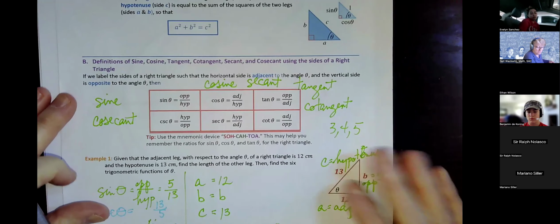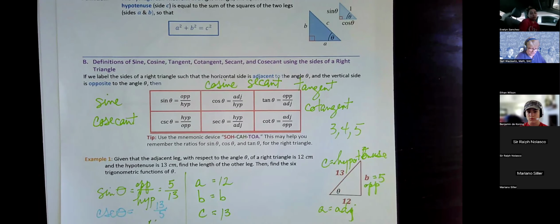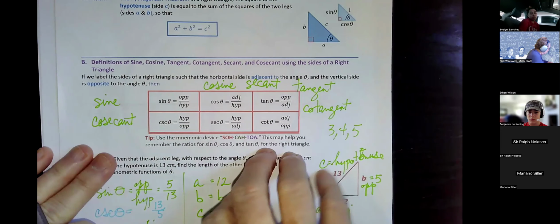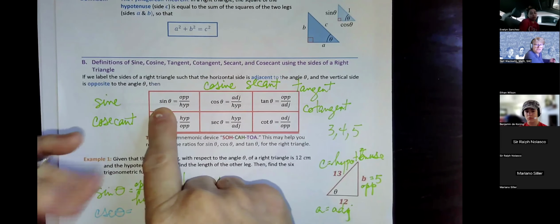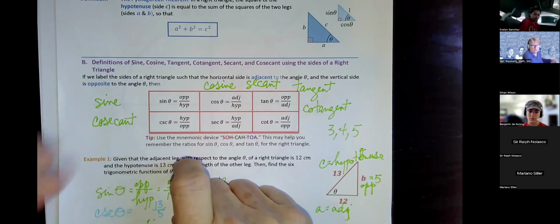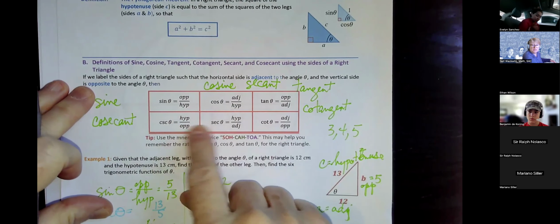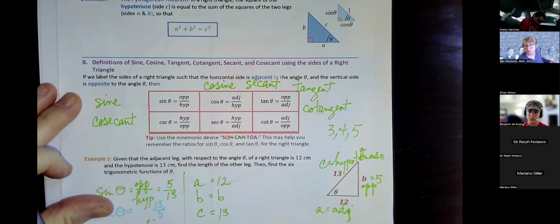Okay, so now let's look at our prettier version. Sorry about pulling out the one that we've already written on. Okay, I guess this is fine. So we've got sine is defined to be. These are definitions. This is not something we're supposed to wake up knowing.